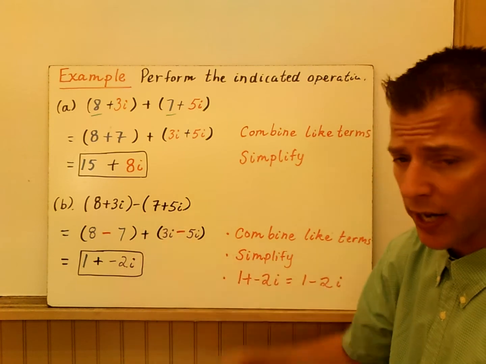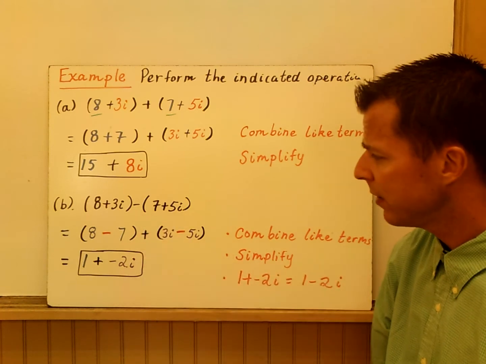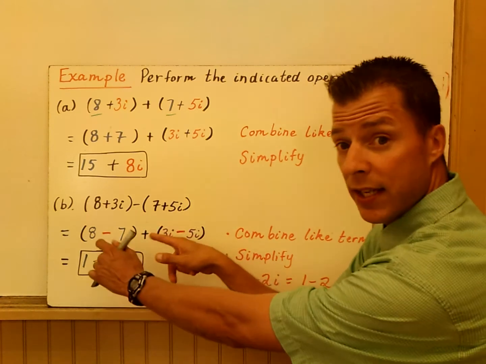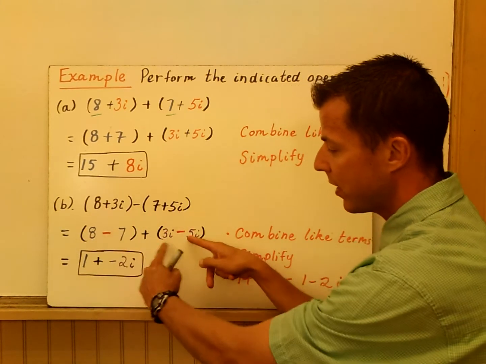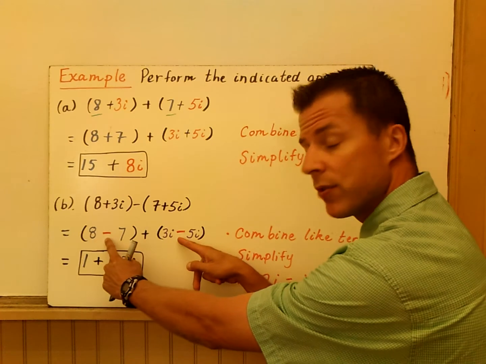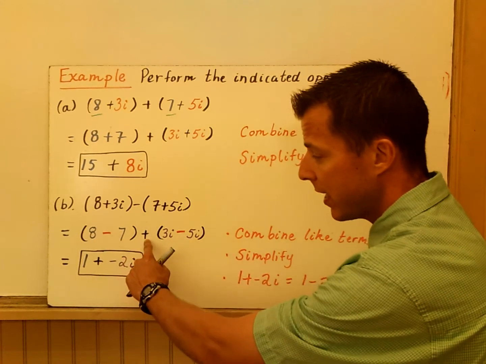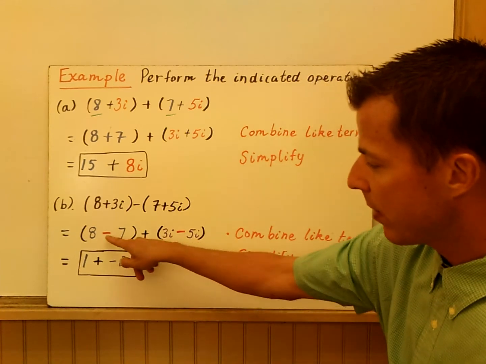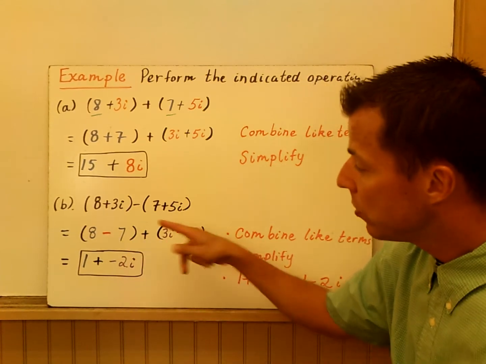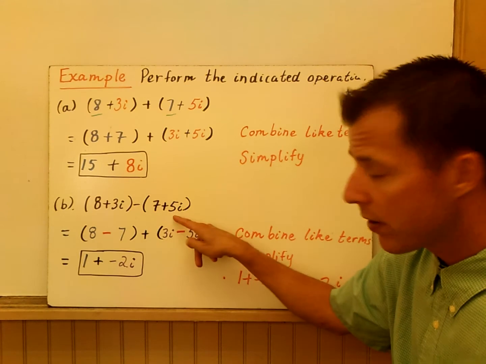In part B, it's subtraction. It can be done very similarly. You're going to take the 8 and 7 and put them together. 3i and 5i go together. And notice in between is subtraction, but on the outside it's addition. So there's a difference there. I kept the addition, but I put minus inside. You could also distribute the negative through first.